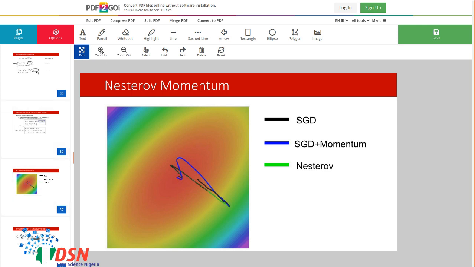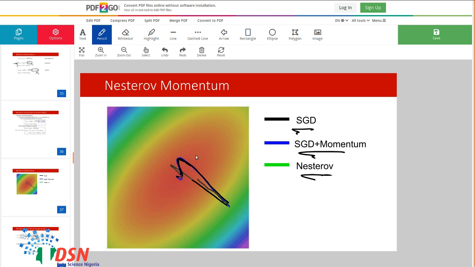Here you could see the differences between stochastic gradient descent with momentum and Nesterov momentum. You could see that Nesterov momentum has better convergence in comparison with SGD with momentum. Here we have an interesting behavior.